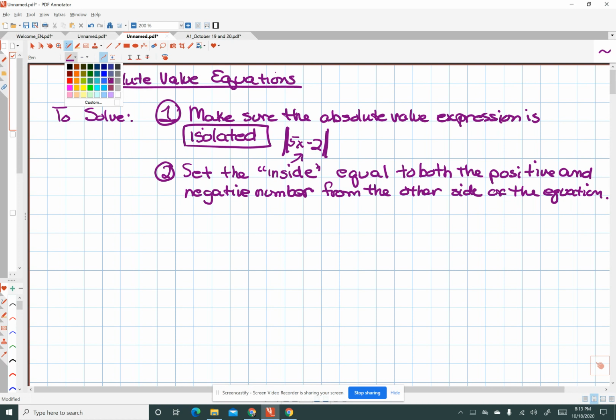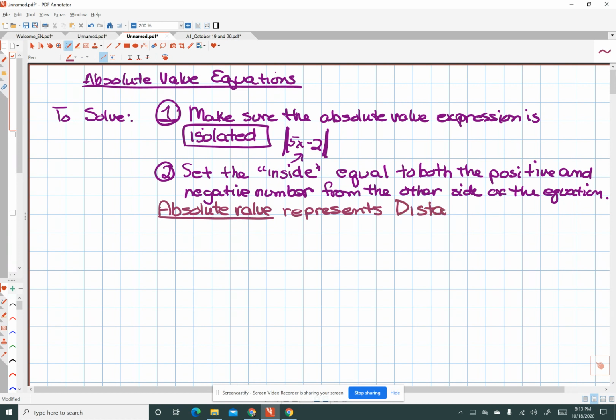And the reason for that is because absolute value represents distance from zero on the number line. Okay, step 3, solve both equations.